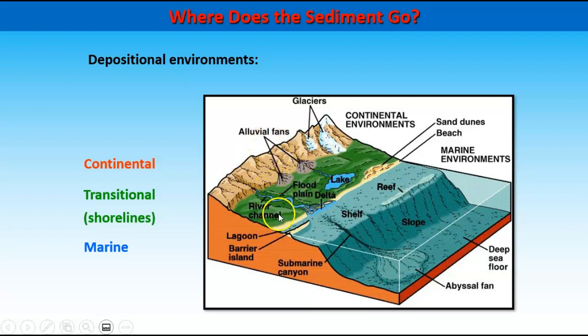We can have things that are dumped a little farther away from the source on the continent, in lakes and river channels and things like that. We can dump some at the coastline here and our beaches. We can dump material here in the shallow marine, and we can dump things here in the deep marine. So these are the areas where we're going to take our sediment and deposit it, and then we're going to turn it into a sedimentary rock.